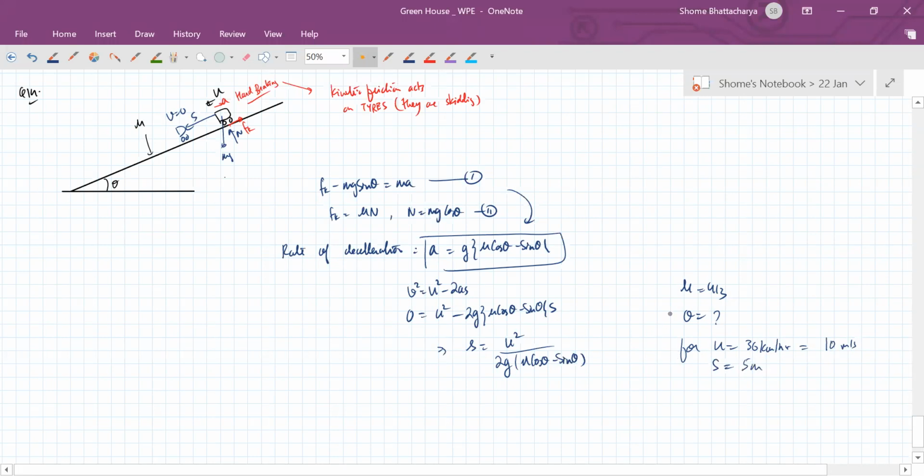Okay, so substitute these values. Theta is unknown. Is the question clear, Diti? Yeah. Okay.